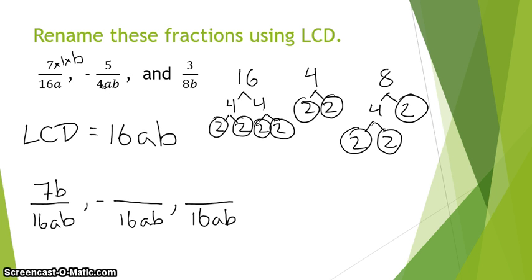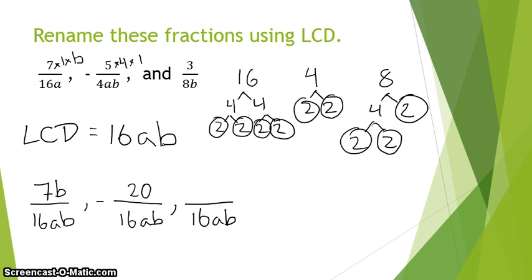This one, how do I go from 4 to 16? Well, in order to go from 4 to 16, I have to multiply by 4. And AB, how do you go from AB to AB? I just multiplied by 1. So you see 16 already has an AB there. So 5 times 4 times 1 is 20.